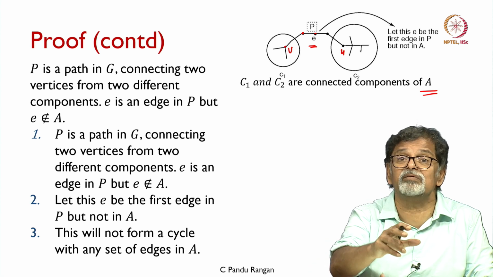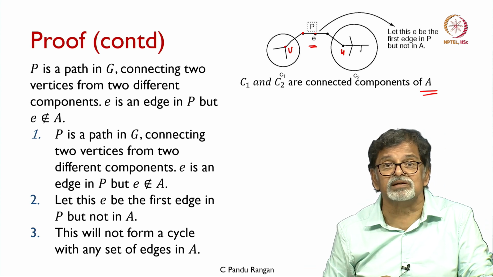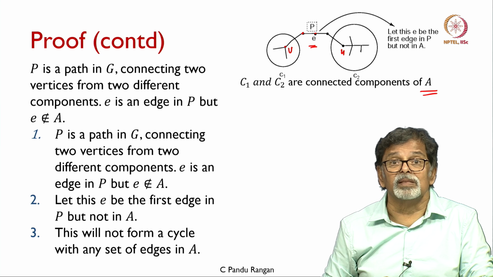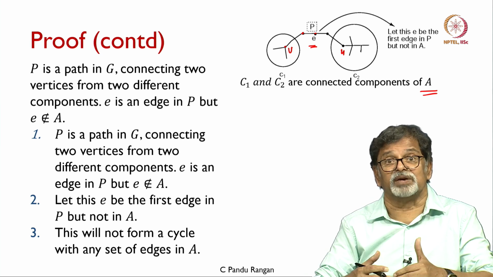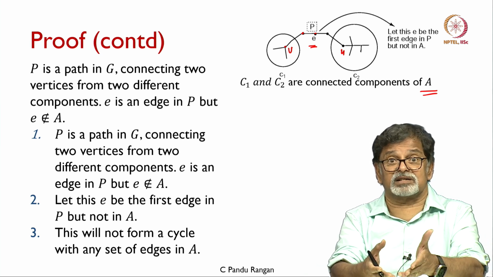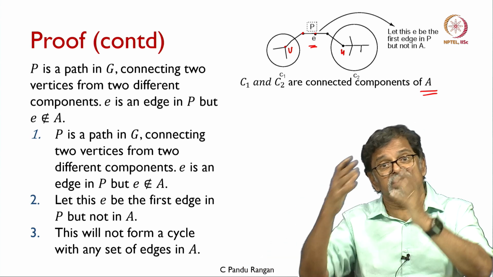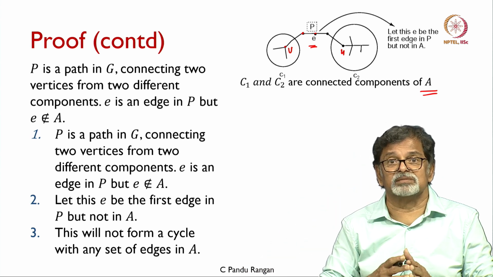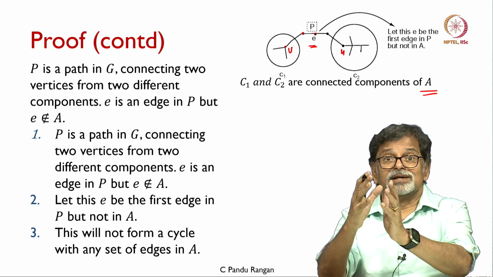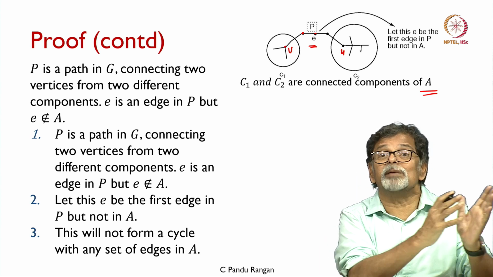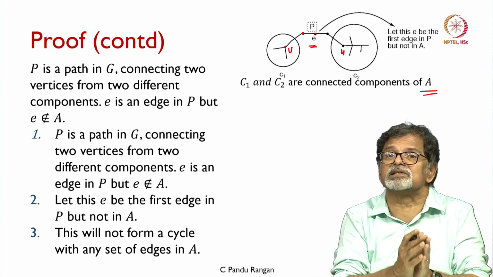So at the time when E was considered, you would have had a subset of A. I am saying that it is not forming a cycle with the full set A, but consider the execution of the algorithm. When E was considered, only a part of A would have been considered.